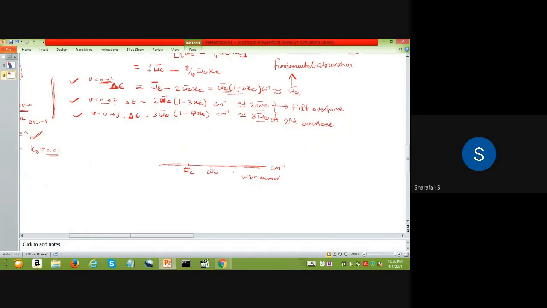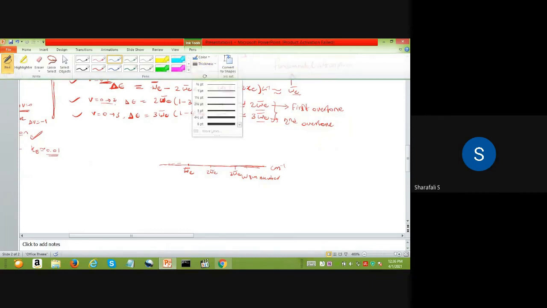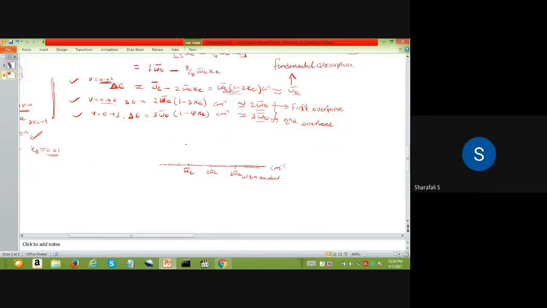This is the 3 omega E bar position. So this line, that is the v equal to 0 to 1 transition, where will it come? It will come slightly less than that of the omega E bar. So sometimes it will come somewhere here, which is very close to this omega E bar, but not exactly at omega E bar.